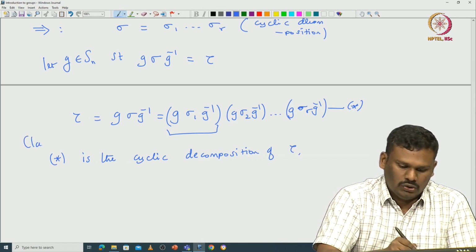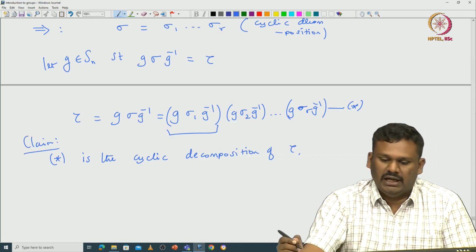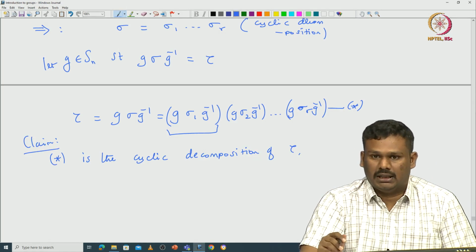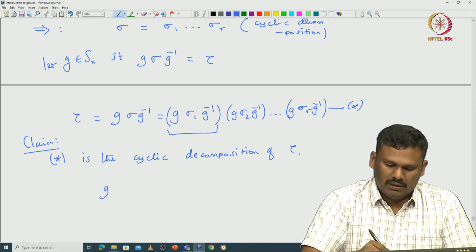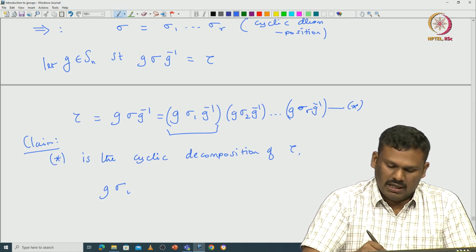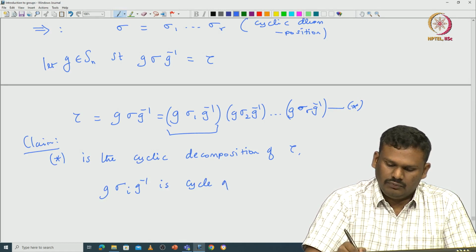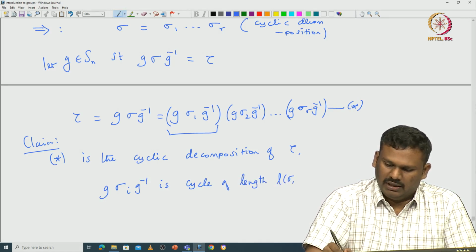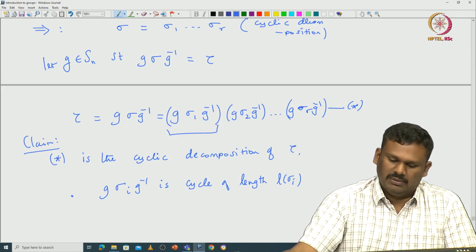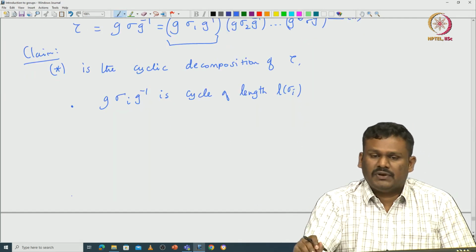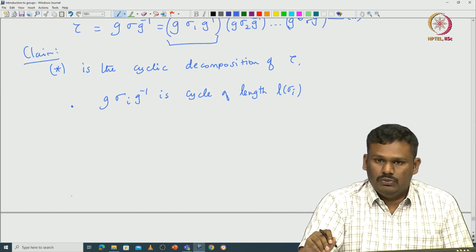Why is that true? First of all, note that each element in this decomposition is a cycle. g sigma_i g inverse is a cycle of length equal to the length of sigma_i. So, that is very much clear. Now, since sigma_i and sigma_j mutually commute.